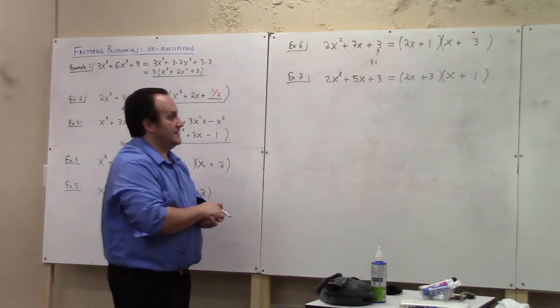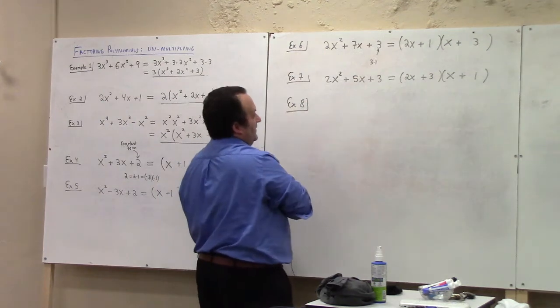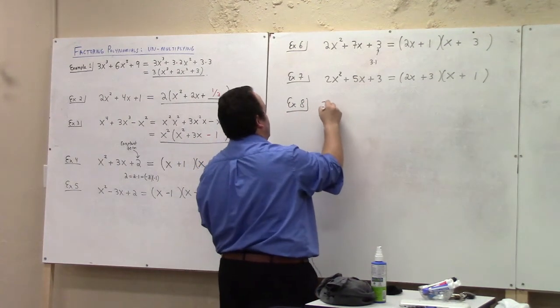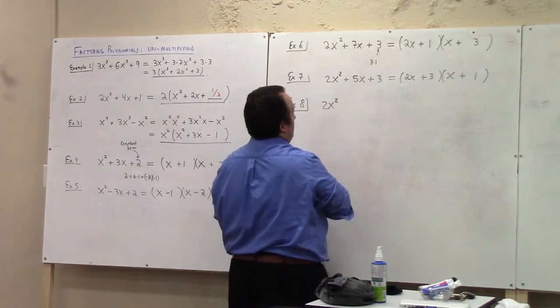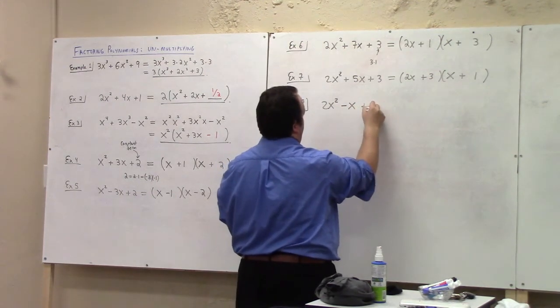Let's see here, what else could I do? What if I had 2x squared minus x plus 3?